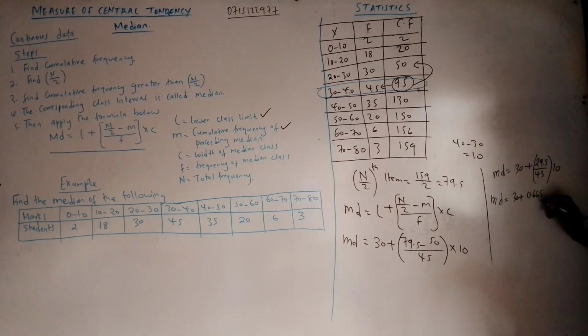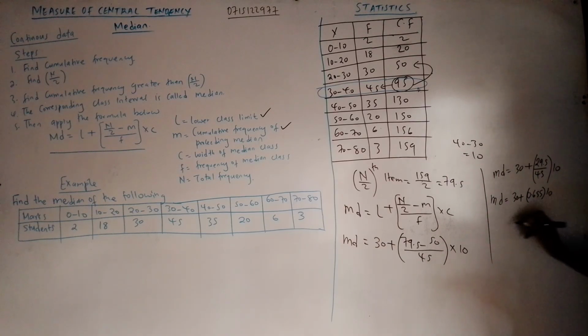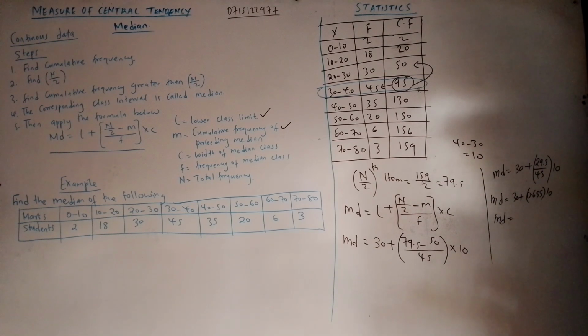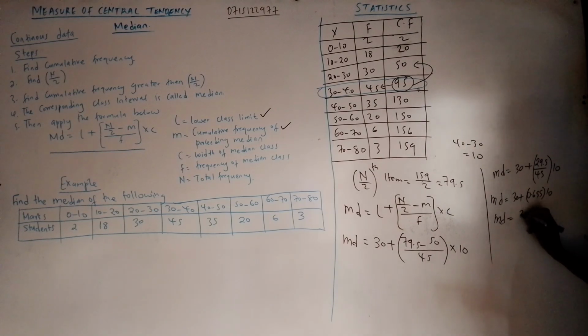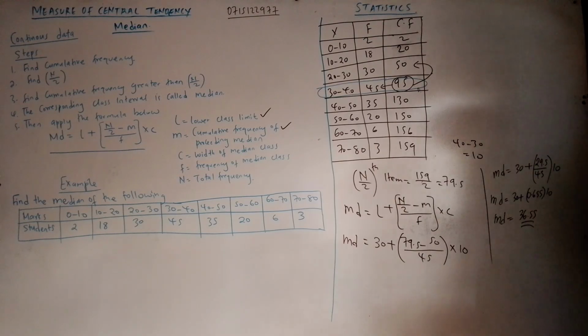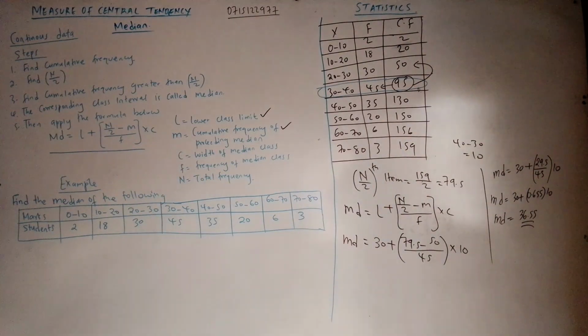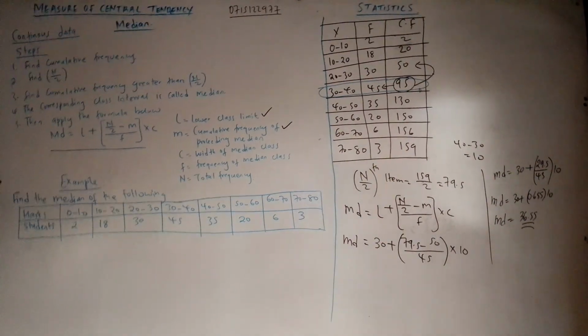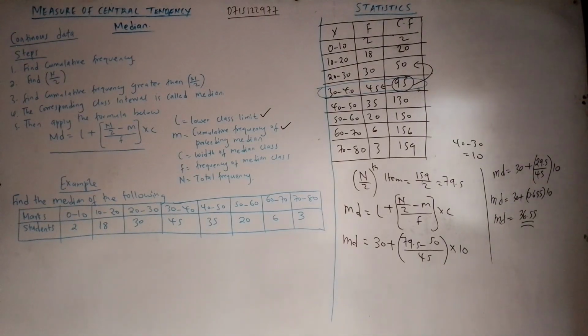Times 10 gives 6.55, plus 30. So that is our median.